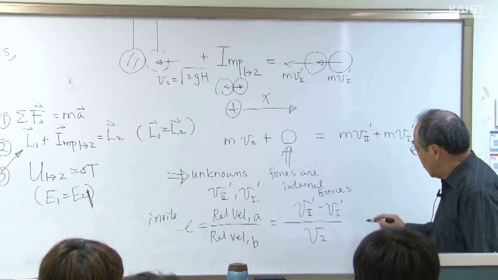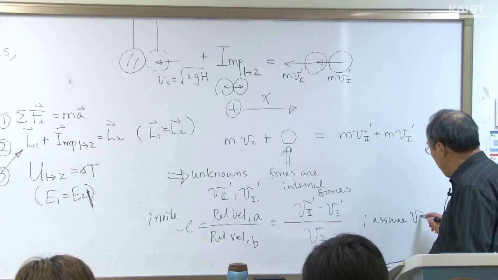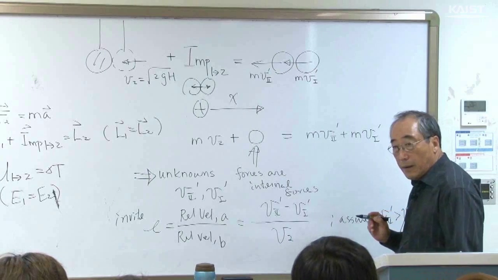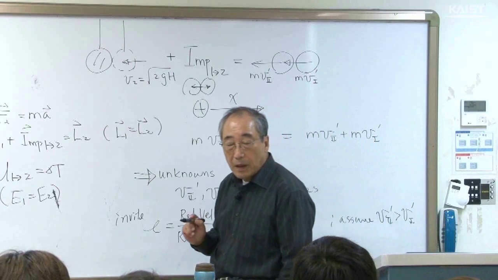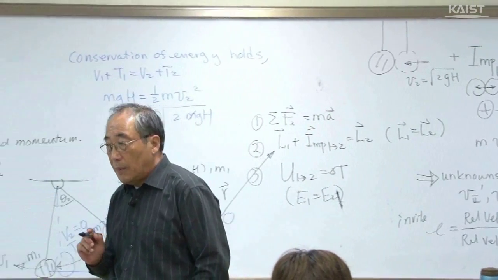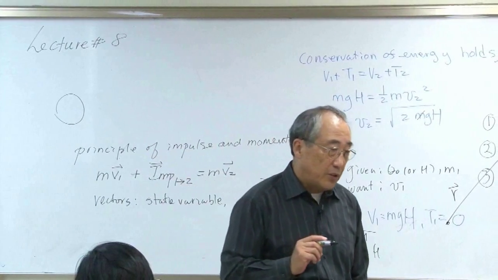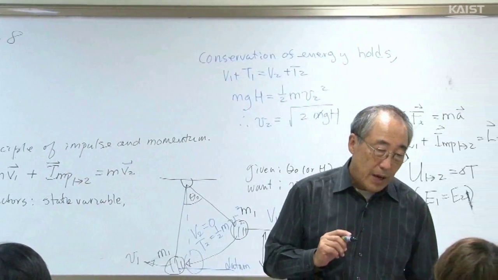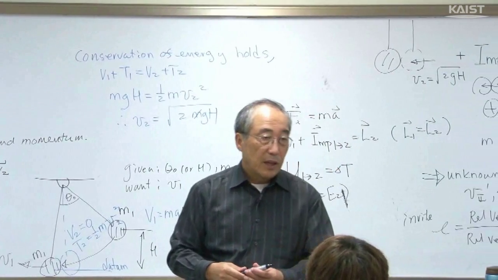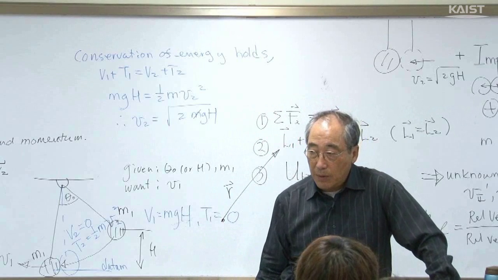And this is the assumption, that you assume that V2 prime is greater than V1 prime. And that assumption is very justifiable. If V1 prime is greater than V2 prime, the mass 1 has to pass the mass 2. That is not allowed in this kind of dynamic problem.